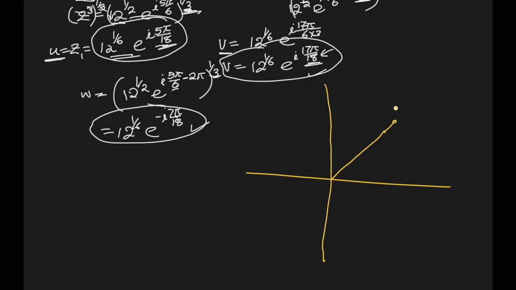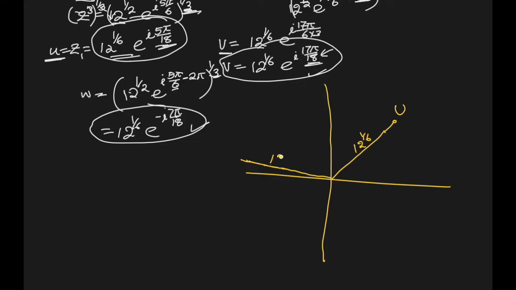Let's say this is u. Its magnitude is 12 to the power 1/6, this particular side. Okay, the second one is 17 pi over 18, almost 180 degrees, 170 degrees if we convert to degrees. So the modulus is the same, but the angle is 17 pi over 18.